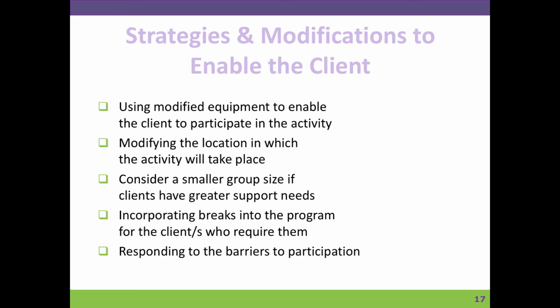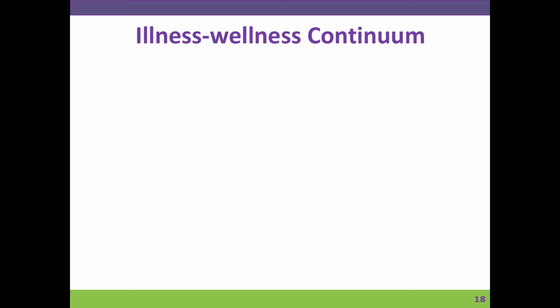Identifying strategies and modifications that will enable a client to maximise their participation in leisure and health programs involves designing leisure and health programs that promote wellbeing, social justice and equity. It's important to understand there is a continuum between health and illness.